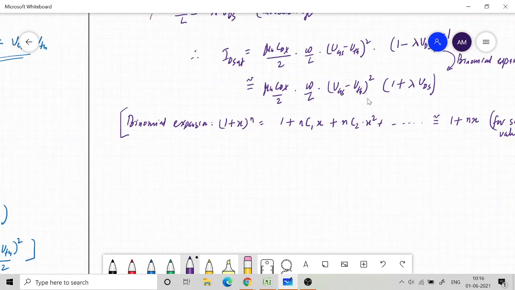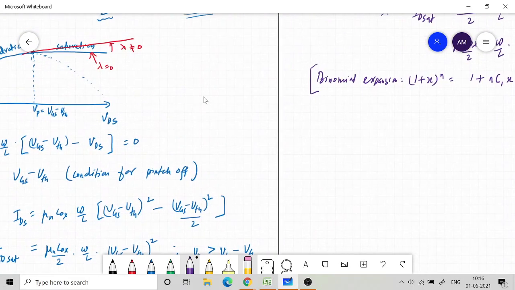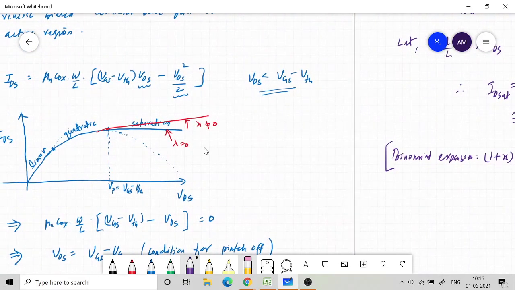Okay, so another thing I want to say is, if you come back to the characteristics, we are only drawing for one particular VGS here. Now if we had a different VGS, what is going to be the case? For a different VGS, say for example a smaller VGS, this is for VGS1 and VGS2, which is smaller than VGS1.